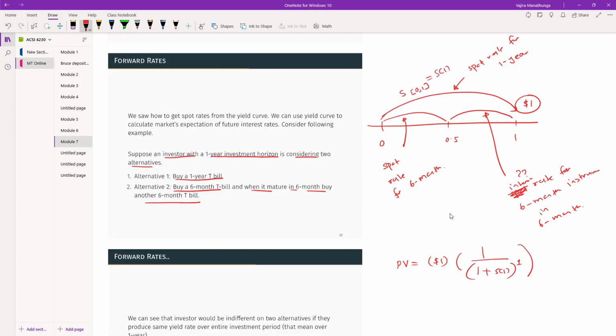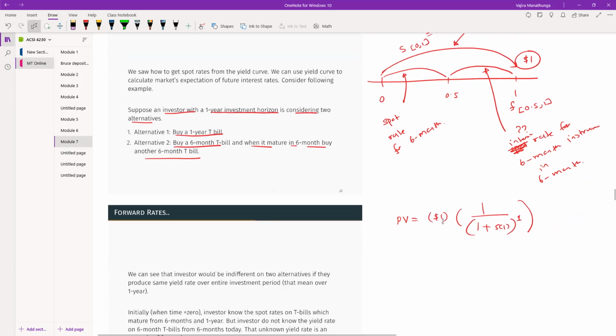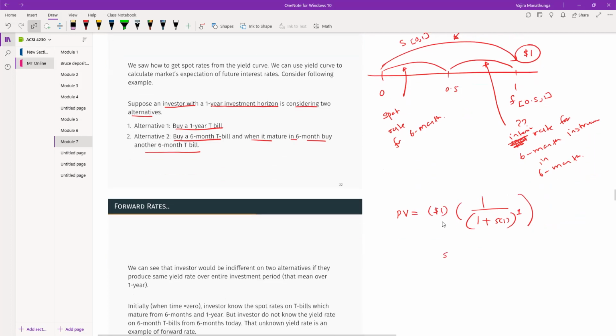Then if I discount using this unknown rate, let's write it as forward rate. Let's use F, which starts from 0.5 and goes to 1. So for the second scenario, first you discount $1 under 1 plus F from 0.5 to 1. The length of time is 0.5 because it's between these two.